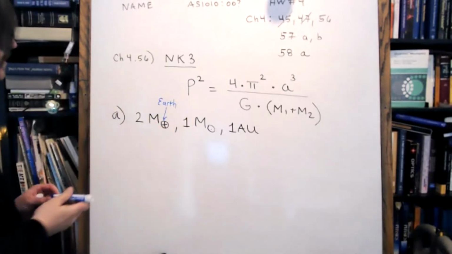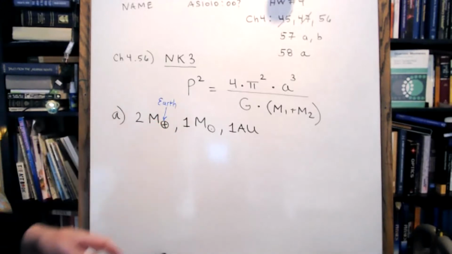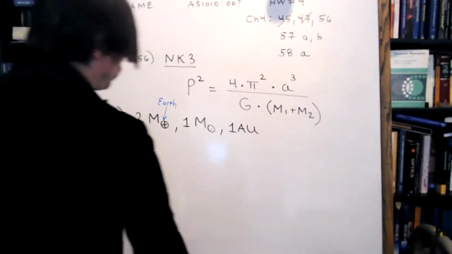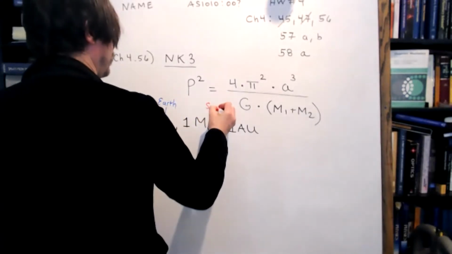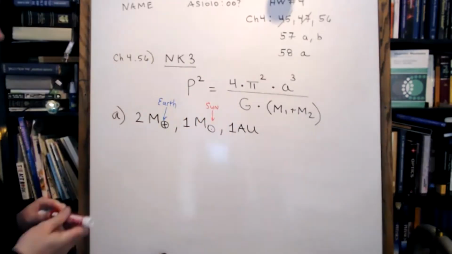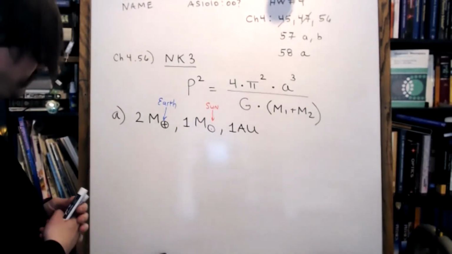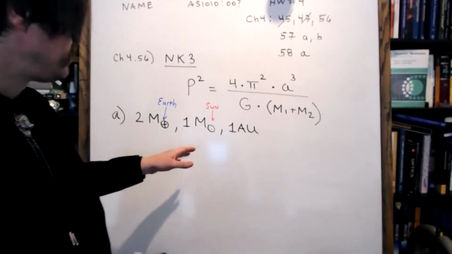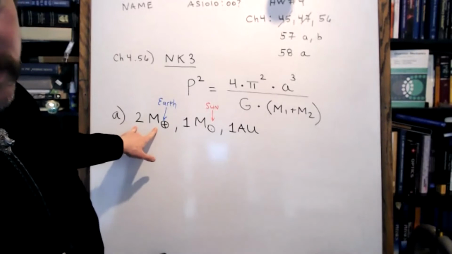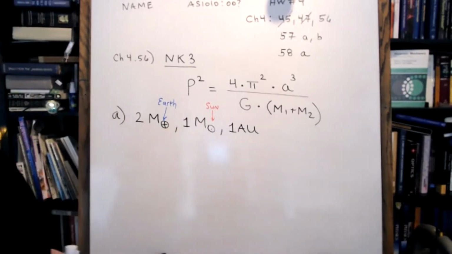So when I want to represent the mass of Earth, I write mass with a little subscript of circle cross. Likewise, the symbol for the sun is a circle with a dot in it. So astronomers often use a circle with a dot to represent the sun. So in other words, it's a planet with twice Earth's mass orbiting the sun at a distance of 1 AU.